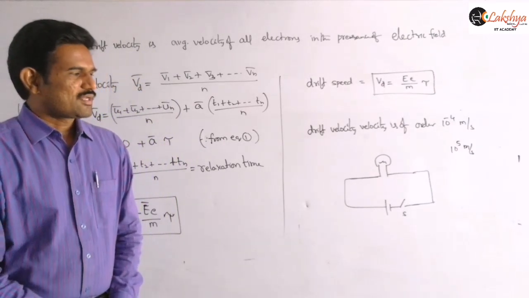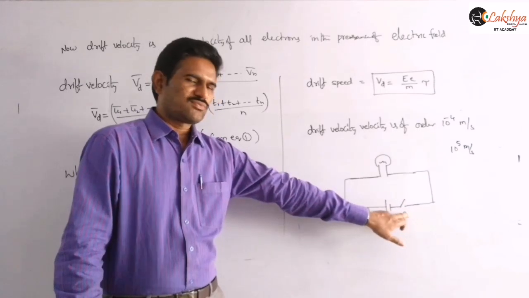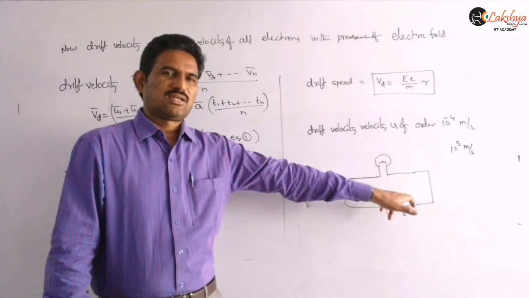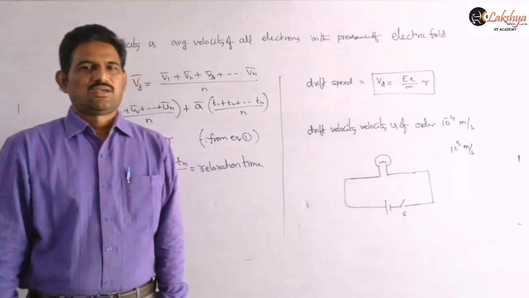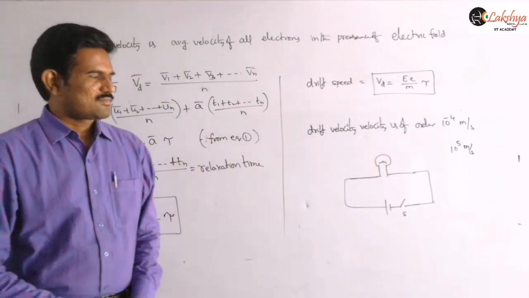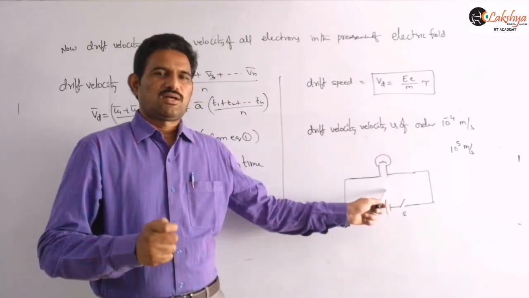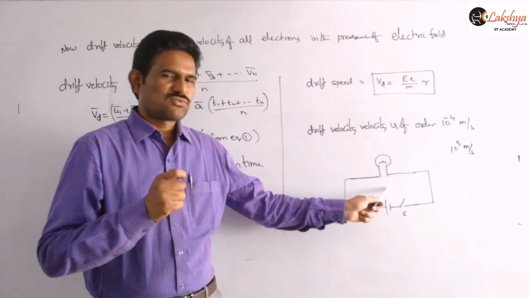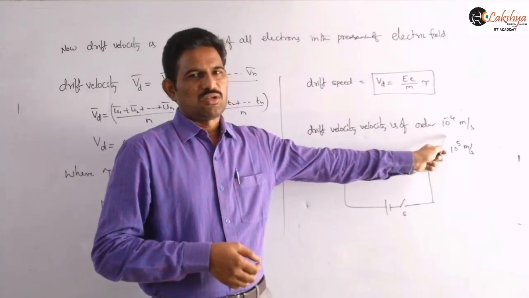Now if you close the switch, we know that practically the bulb will glow immediately. But the question is, how does the bulb switch on immediately, even though the drift velocity is very small?